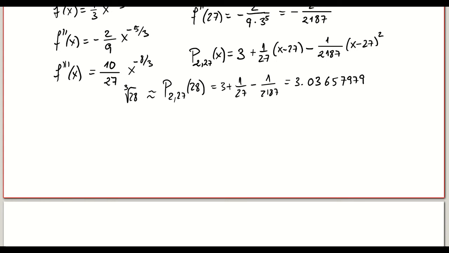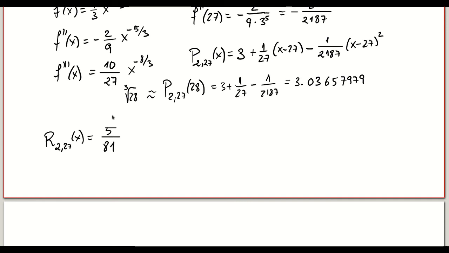Now we need the remainder. For the remainder, we have the third derivative. The remainder of order 2 around 27 is the third derivative divided by 6, right? Because it's 3 factorial, and that is 6, which is 3 times 2. 10 divided by 2 is 5, so it's 5 times 27 times 3, so it's 5 divided by 81.